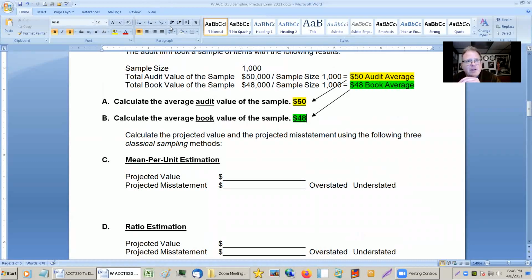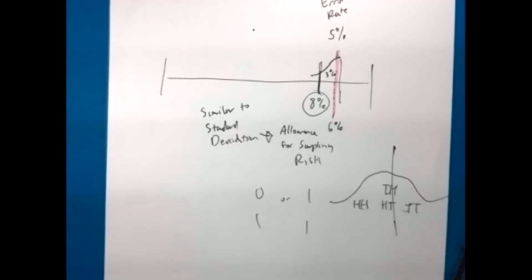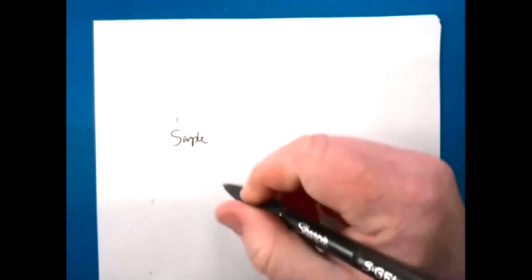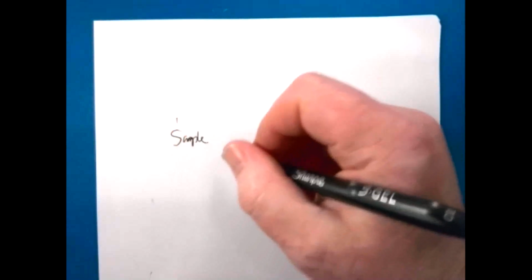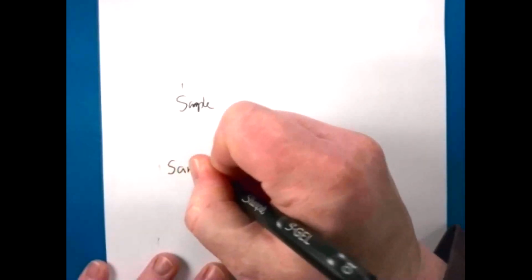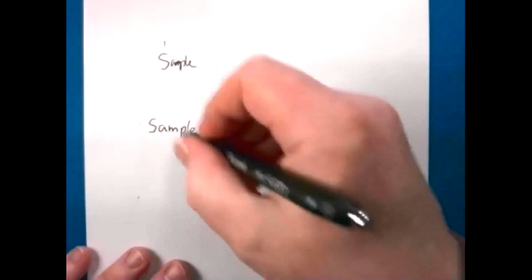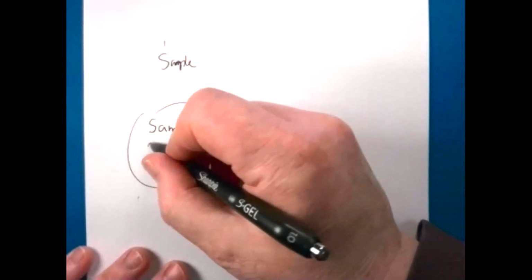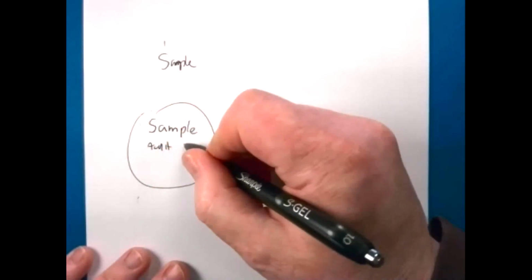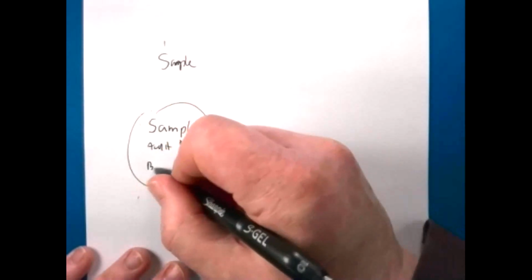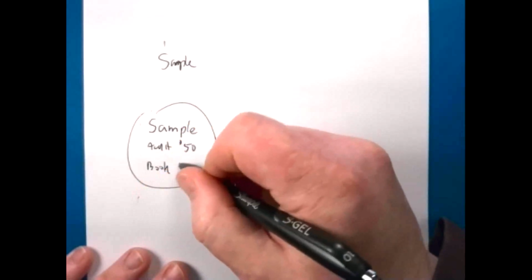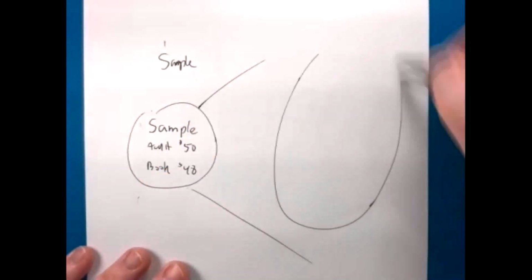If you recall the idea behind it, you take your sample. In this case, we have the audit amount, $50, and the book amount. And you're going to project it over the population as a whole.